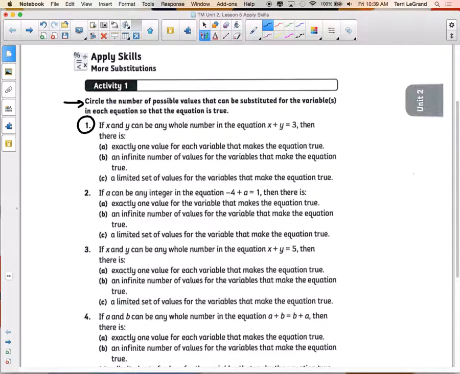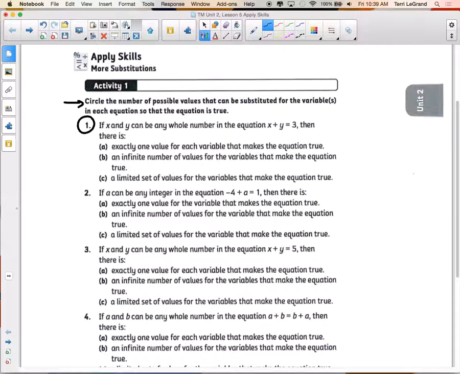We have three choices of an answer, A, B, or C. We have to determine if x and y can be any whole number, in the equation x plus y equals 3, then there is. Well, then we're trying to determine, is there only one value that will make that true? Is there an infinite number of values? In other words, we couldn't even begin to name them all. Or is there a limited set of values for the variable?